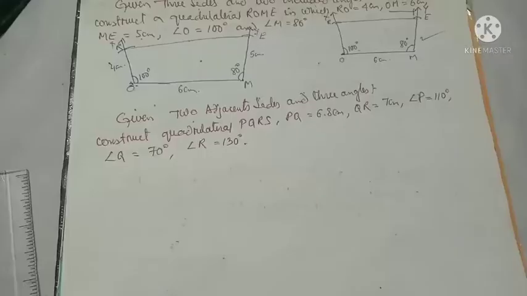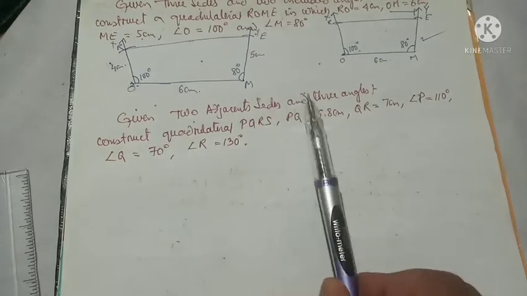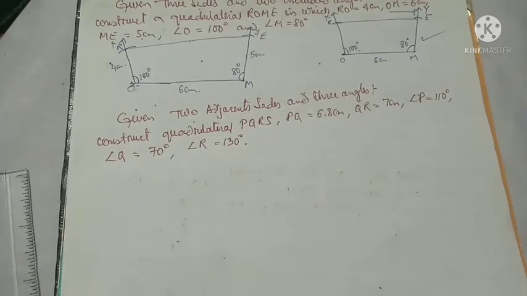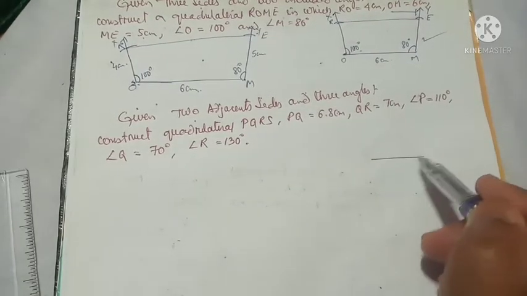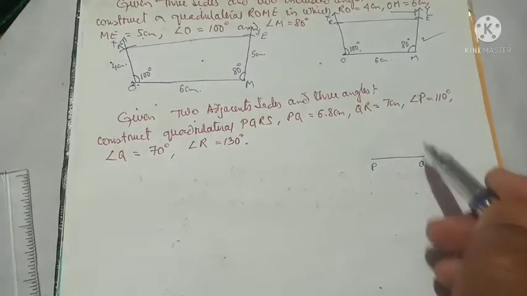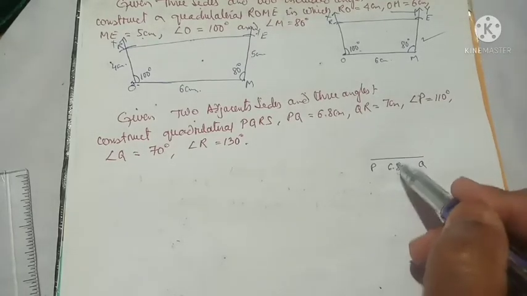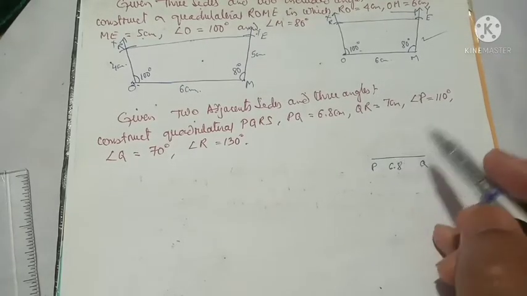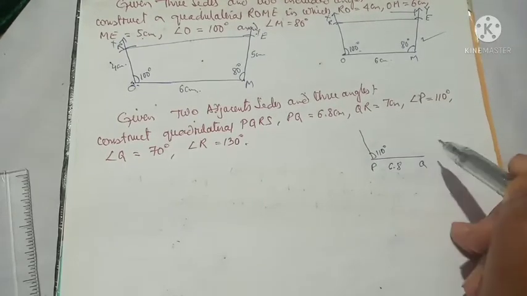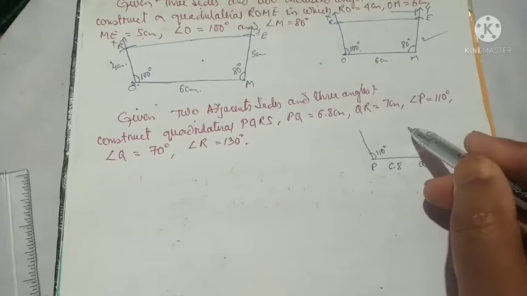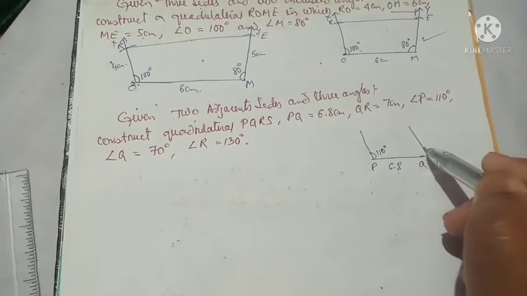Here this is the last case, given 2 adjacent sides and 3 angles. Here we have to draw first a rough diagram for the given points. First PQ is 6.8, and then from P angle 110, and again from Q we draw an angle 70.